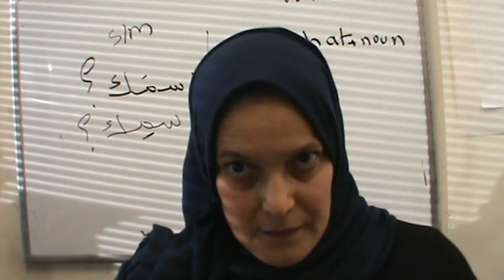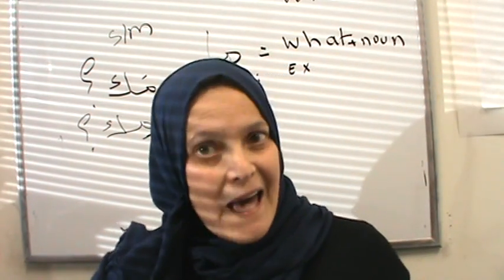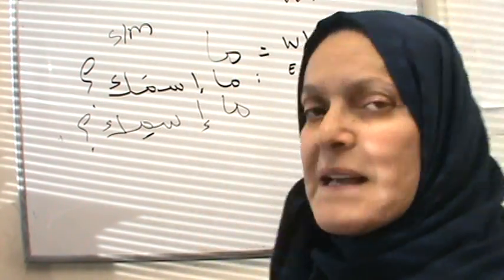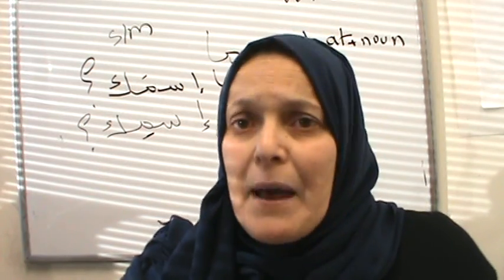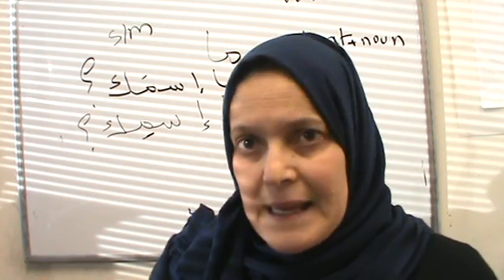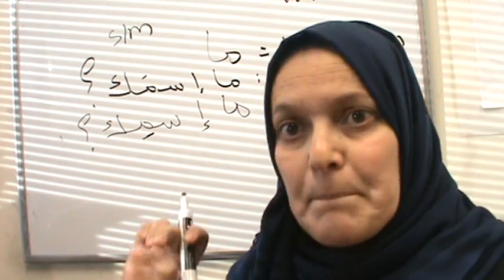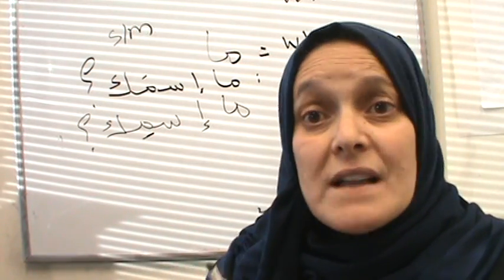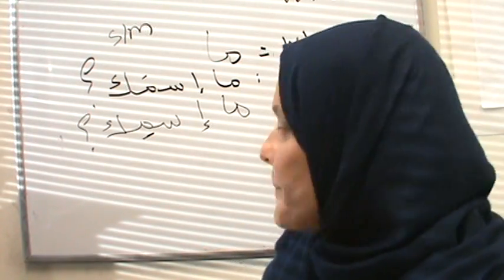If a male, he would say ismi Ahmed. The female would say ismi Layla. They would say أنا اسمي أحمد، أنا اسمي ليلى. Again, you have what, which is ma, mim plus alif. This is a what that goes only with nouns, never with verbs.